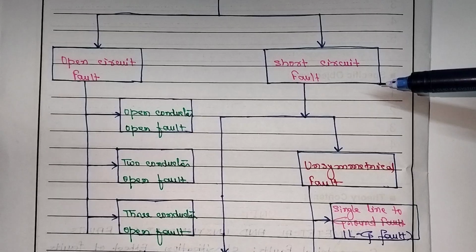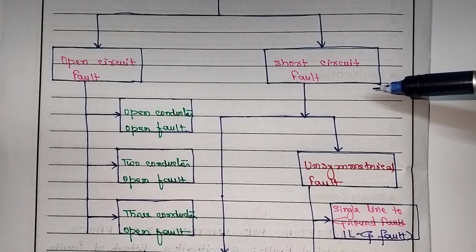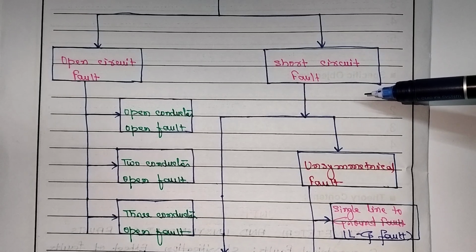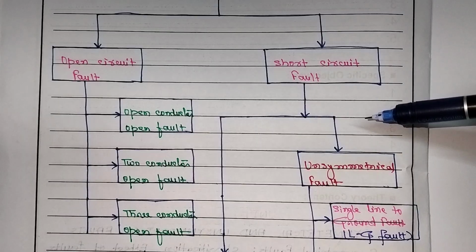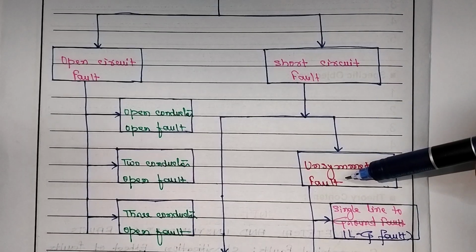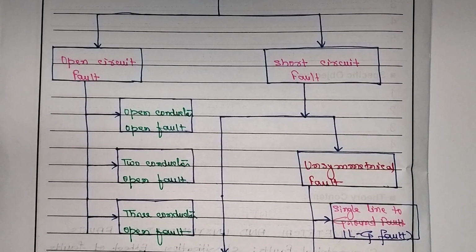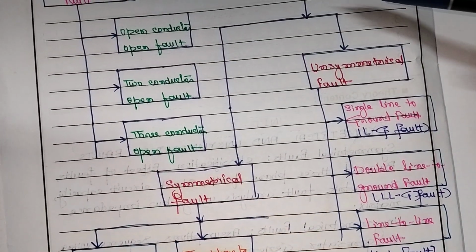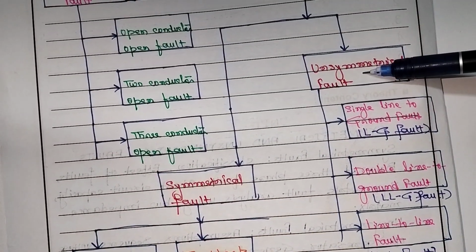They are the most dangerous because they cause high fault currents and can damage the equipment. Short circuit faults are broadly classified into symmetrical faults and unsymmetrical faults. Here I have written symmetrical faults and unsymmetrical faults.